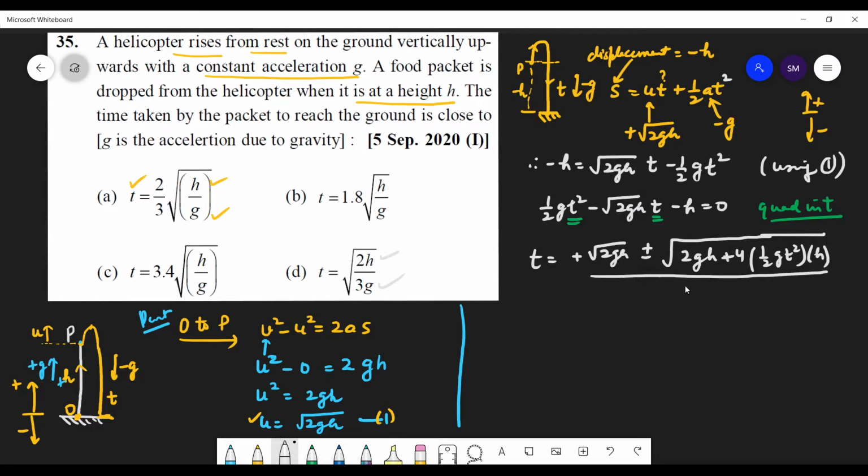Divided by 2a. So 2 into half gt square. Is this done? Yes or no? बोलो तो सही बेटा.